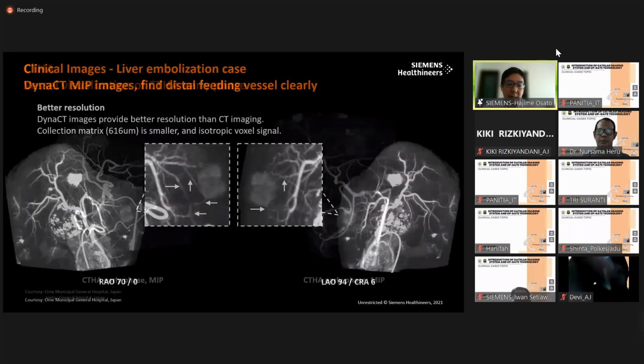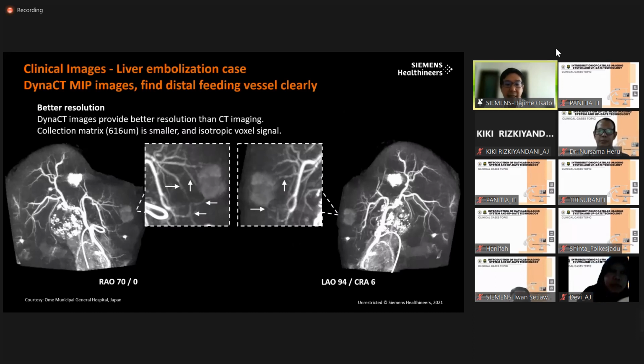DynaCT has higher resolution than CT, so the correction matrix is quite smaller, around 616 micrometer, and isotropic voxel size.